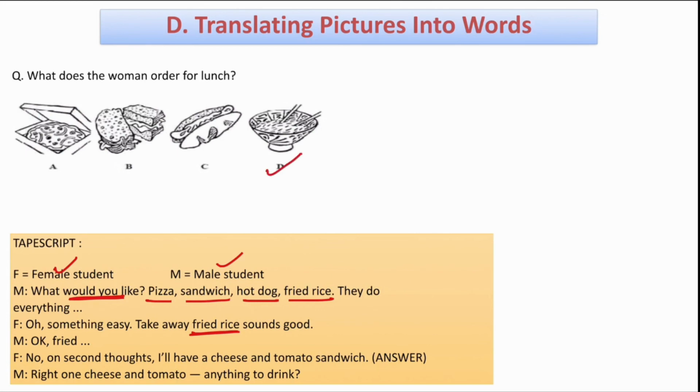But she changes her opinion and says that on second thoughts, she'll have a cheese and tomato sandwich. And then the male student finally agreed to buy a cheese and tomato sandwich. So in that case, the D option will be the incorrect one. You will mark the answer B as correct. So this is how you have to translate the pictures first to reach your correct answer.